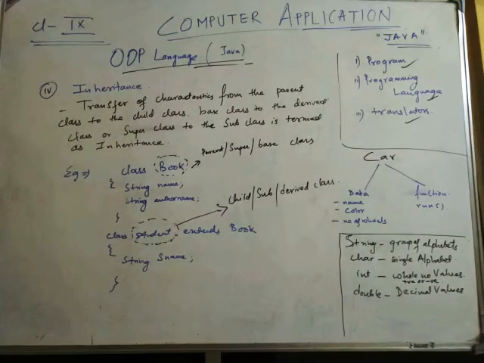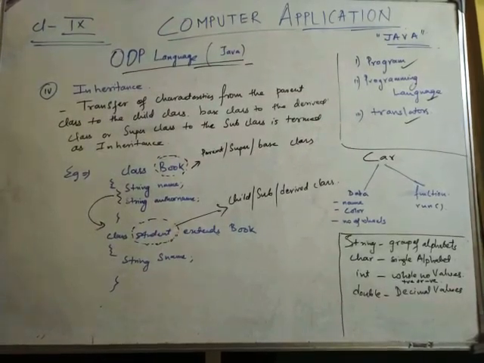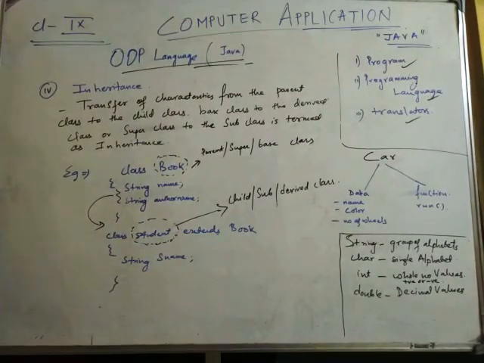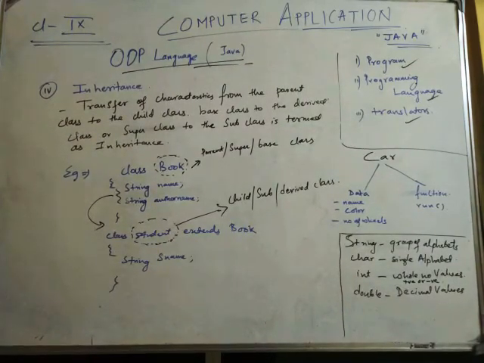It means the name of the book and the author name of the book will be directly accessed from Student, since it is a child of the parent class Book. Therefore, this feature which is occurring here is called inheritance, the transfer of characteristics. The characteristics which are transferred are the string name and author name. Those two will get transferred from the parent class to the child class. Understood? This is known as inheritance. Clear all of you?